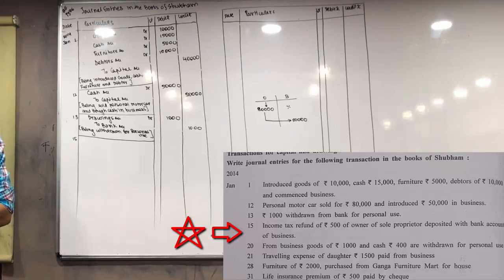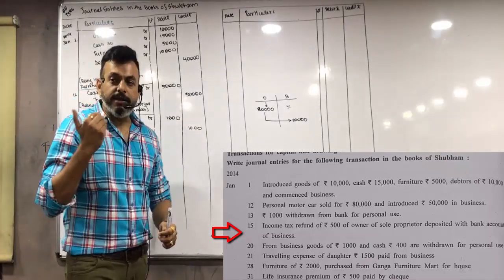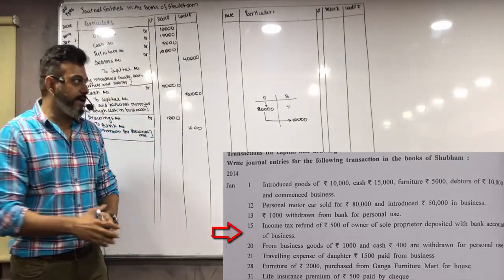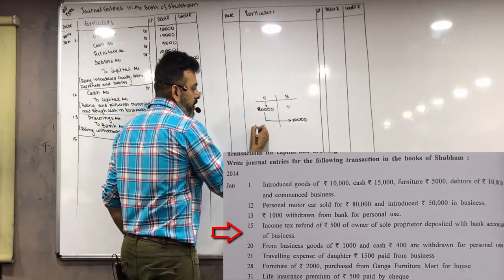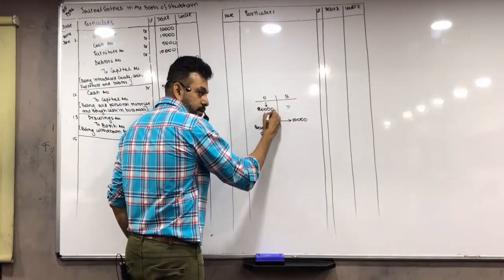Income tax refund of 500 of owner of sole proprietor, deposited with bank account of business. Underline sole proprietor because in 11th we are studying sole proprietor. Now income tax for a sole proprietor is a personal expense of the owner.